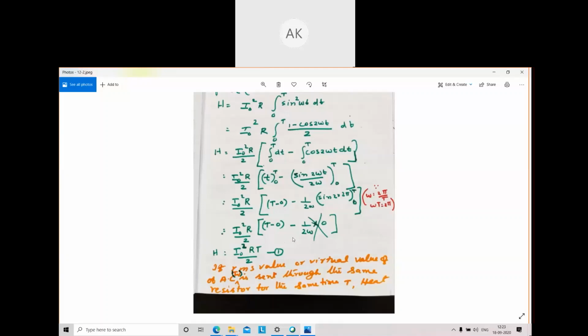So according to the definition, virtual value of AC is that steady value of AC which will produce the same heating effect as is done by the AC when it is passed through the resistor for the same time period. So IV is the virtual value of AC. You have to imagine that is the steady value equivalent to that AC sent through that resistor.